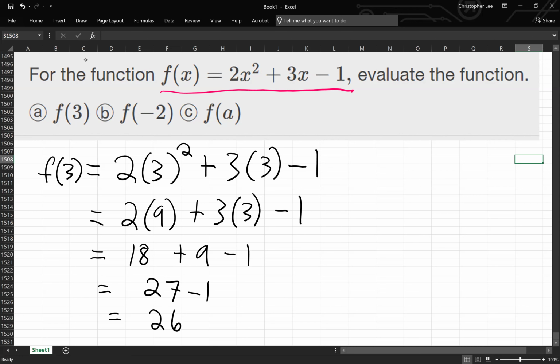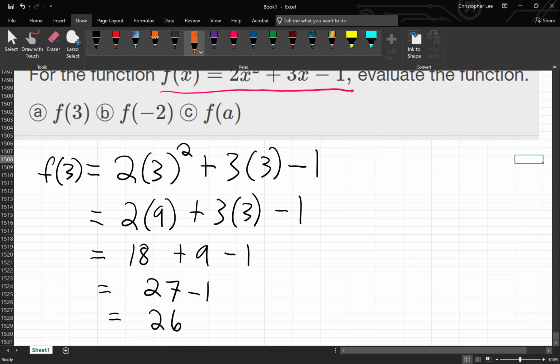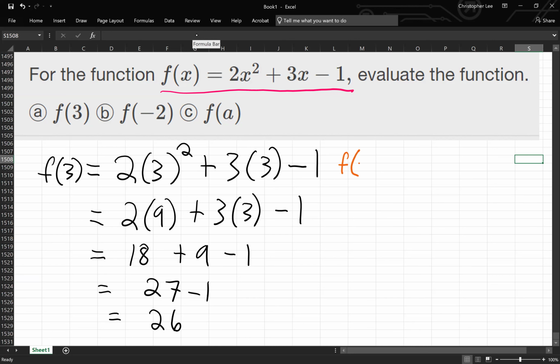Questions on this? Anybody? I'm literally just plugging it in. That's all I'm doing. Nothing fancy here. How about B? B is f of negative 2. Tell me what to write.